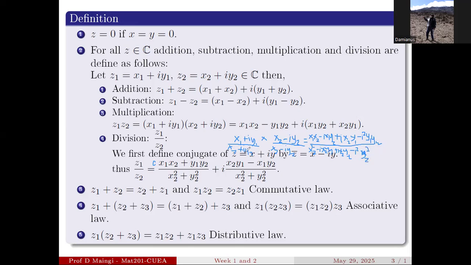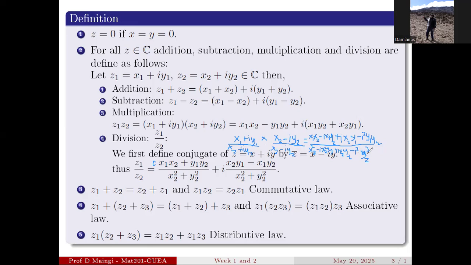It is. So repeat, x2 plus iy2 times x2 minus iy2 is x2 times x2, which is x2 squared. Then x2 times minus iy2 is minus i x2 y2. Then iy2 times x2 is plus i x2 y2, and minus i squared y2 squared.